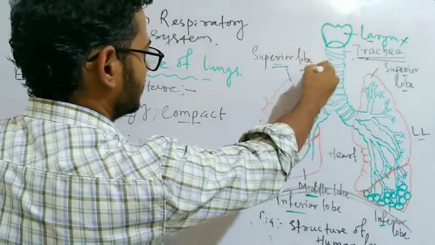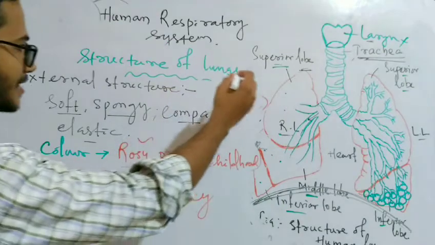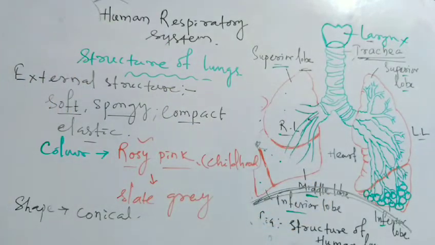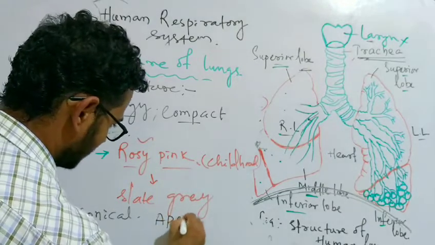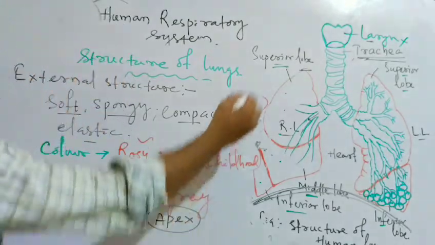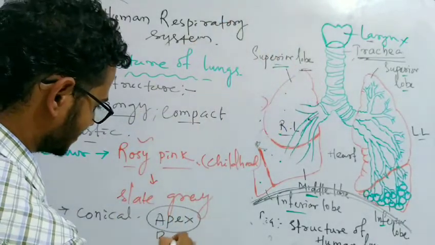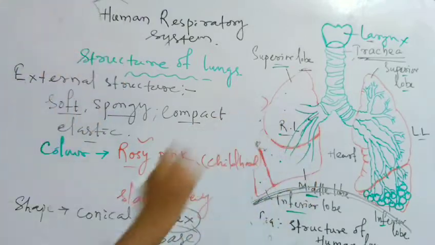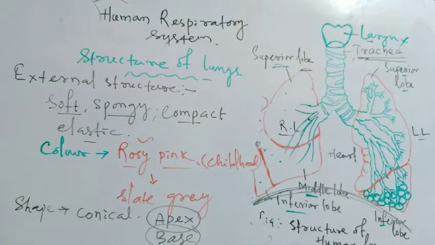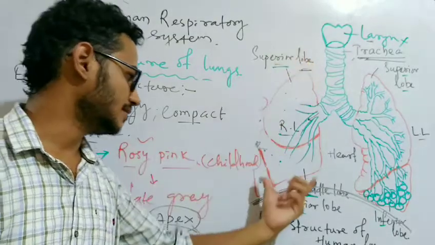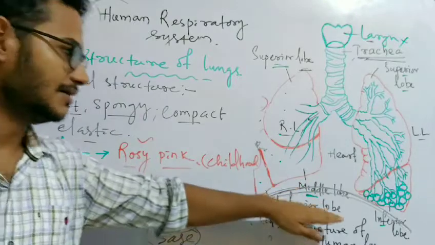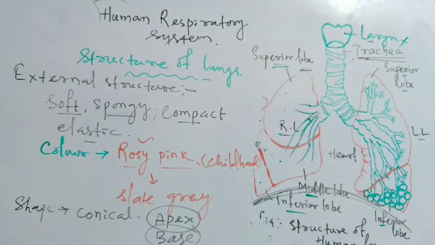The apex is at the base of the neck, and the base is near the diaphragm. So this is conical in shape.